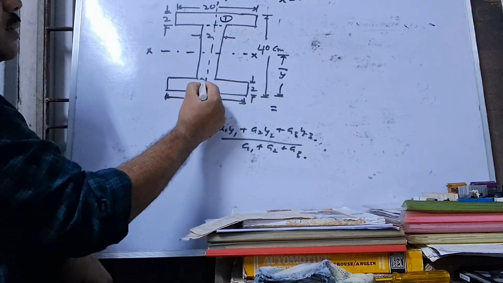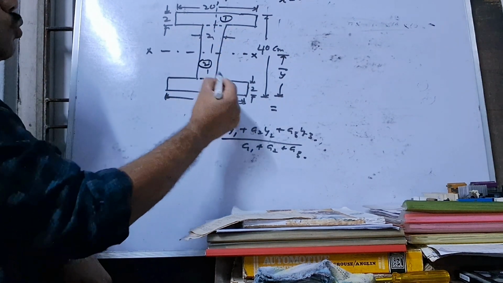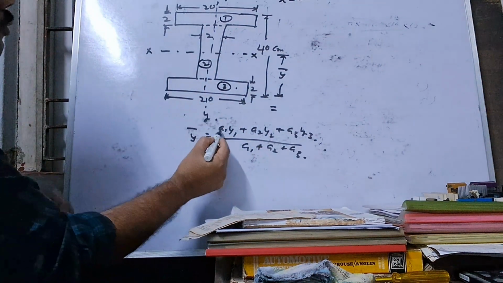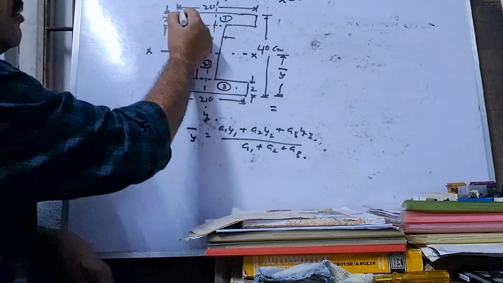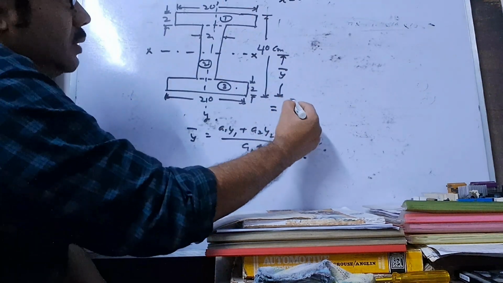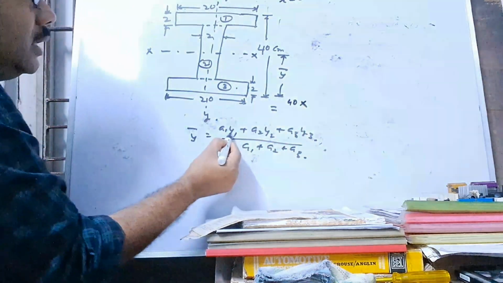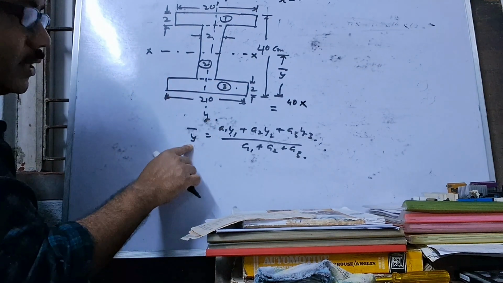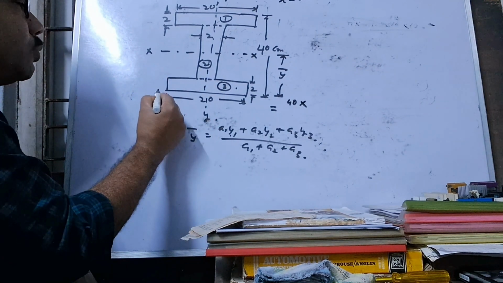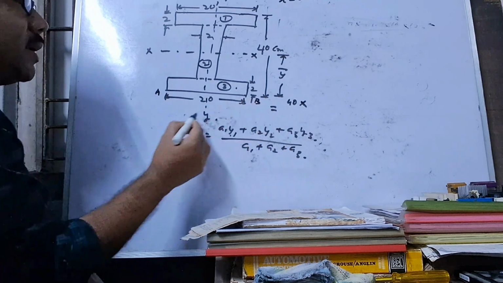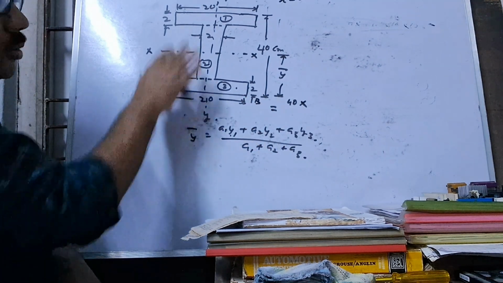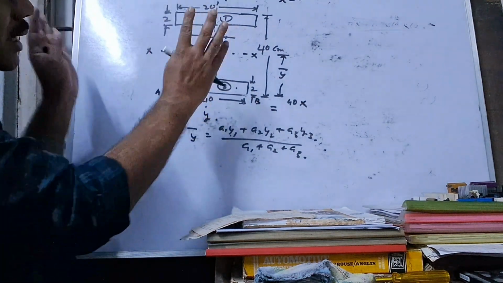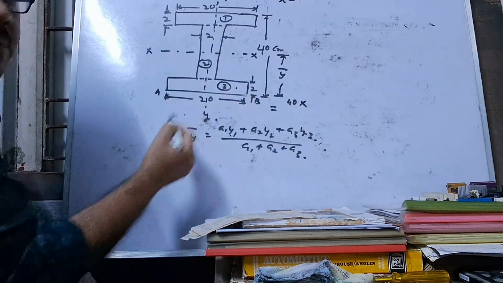This is 1, this is 2, and this is 3 section. For section 1 area 20 into 2, that means 40, into y1. As you calculate y bar, you have to take the axis of reference, the bottom line of the whole section. That means this is AB, and you have to calculate all the calculation from AB.